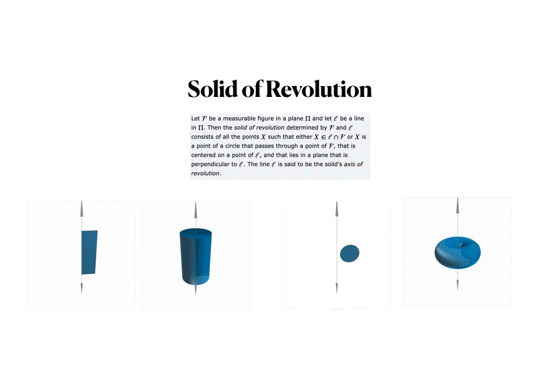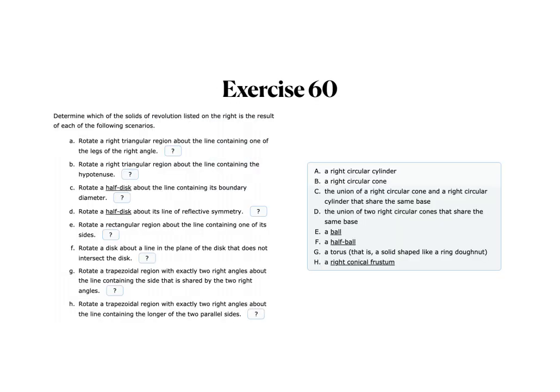Complicated words just for the idea that you're taking this two-dimensional area and rotating it around that line, and any point that the two-dimensional area touches as it rotates creates that solid.